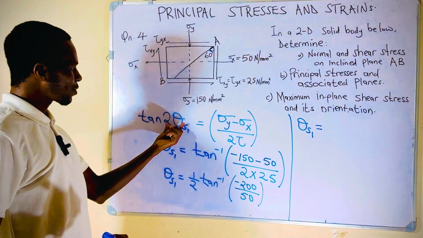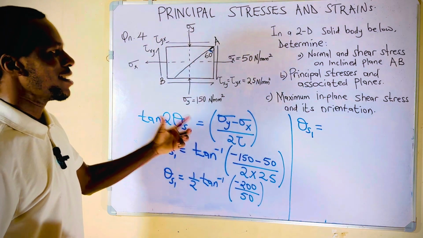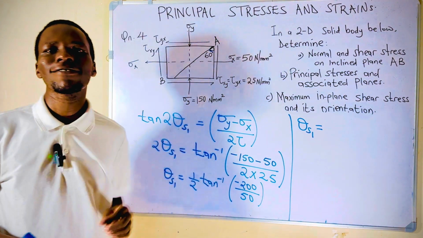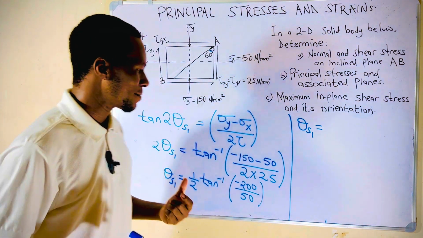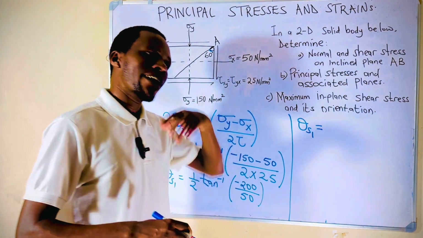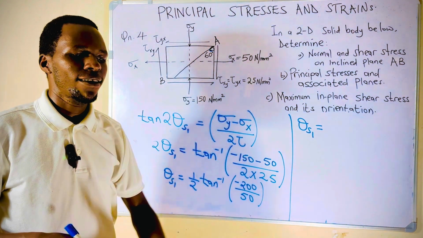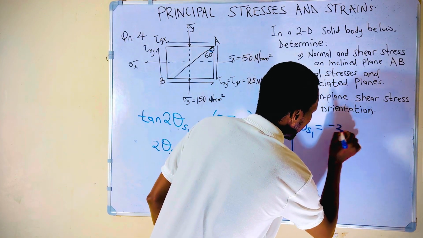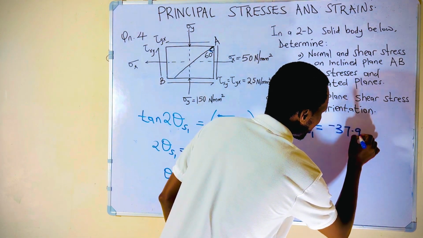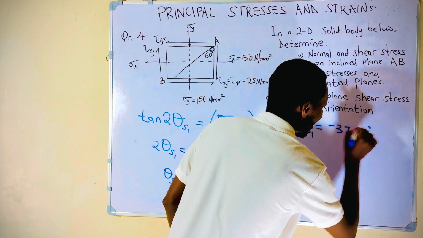Remember, since here was 2 theta S, that means you need two values of the angle. And the easiest way is what I've shown you. You have to get the first one, then add 90 to it to get the second one. Theta S1 is equal to negative 37.98. And this is degrees.